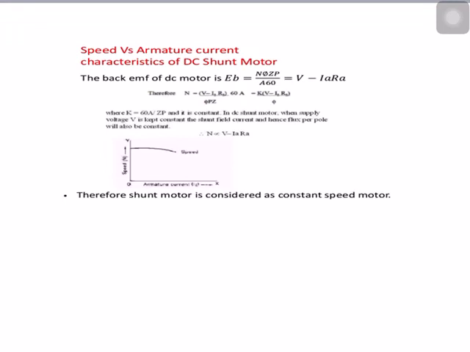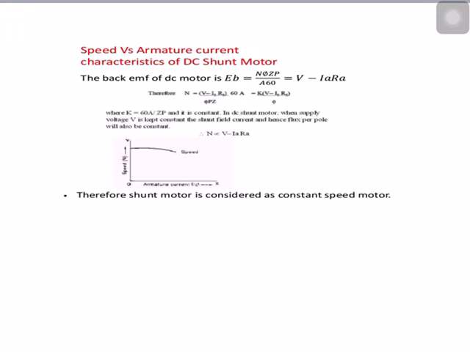The back EMF of a DC motor is EB equal to φZN/60 into P/A, or we can write it as V minus Ia Ra. So N is equal to (V minus Ia Ra) into 60A/φPZ. All of these we can take as constant, so the remaining term is (V minus Ia Ra)/φ, where K is equal to 60A/ZP, which is constant in a DC shunt motor.